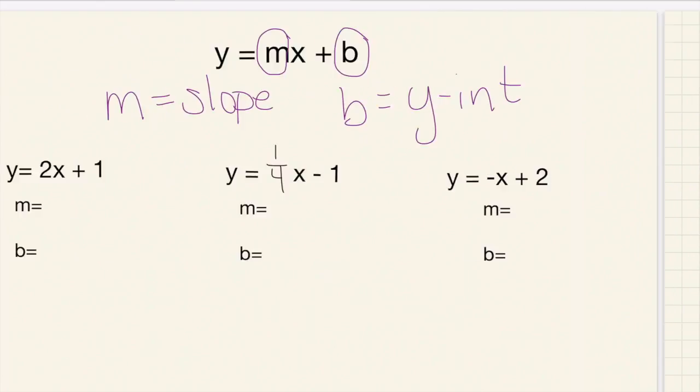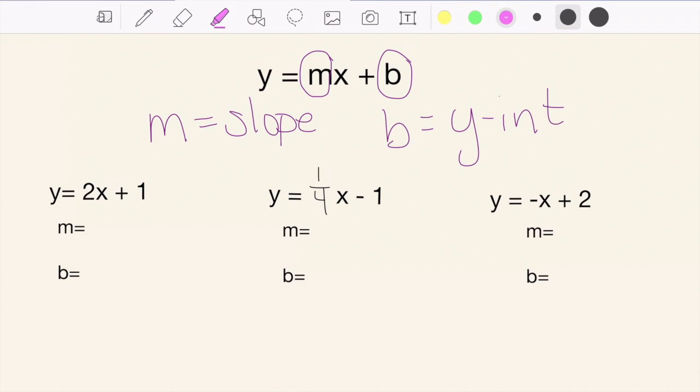All right, so now that we've talked a little bit about slope, let's go back to our slope-intercept form. In each of these equations here, we have the m and the b replaced by a number. In every equation, we'll have a y and an x, and that kind of determines where we are on the graphing plane. So if we look at this, we need to identify what our m and our b are.